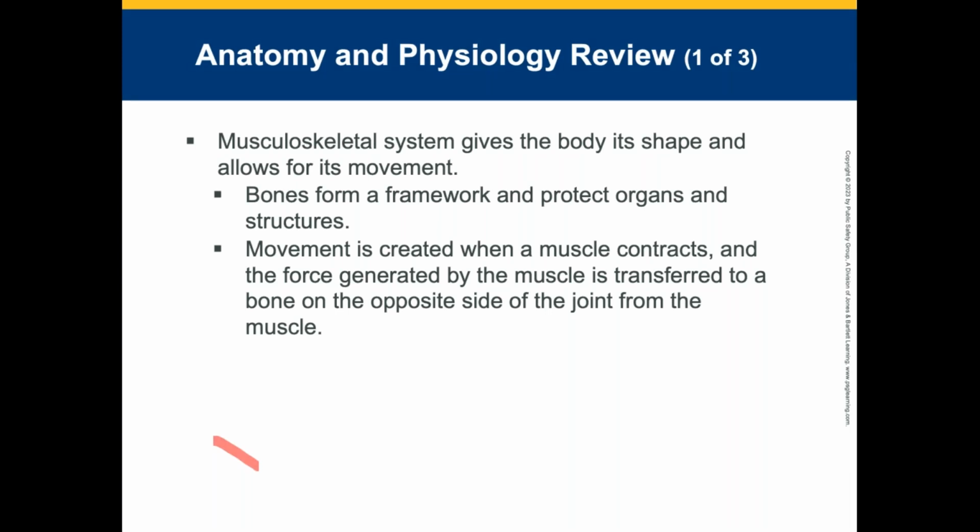So movement is created when a muscle contracts and the force generated by the muscle is transferred to a bone on the opposite side of the joint from the muscle. Another important function of the musculoskeletal system is the process of generating blood cells, right? So in the bones, what's inside of our bones?